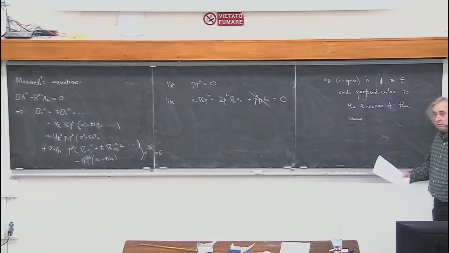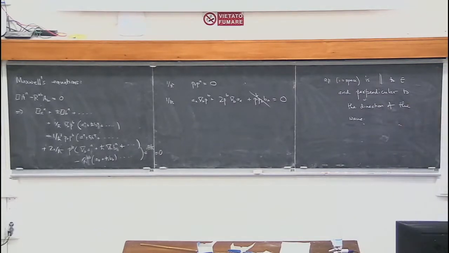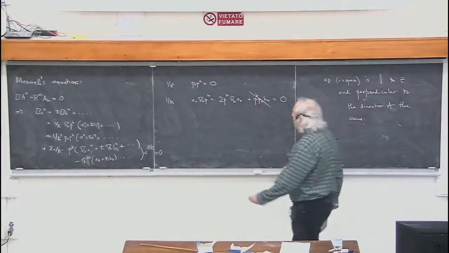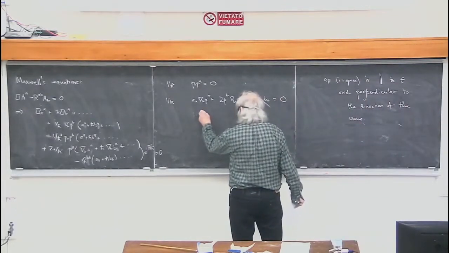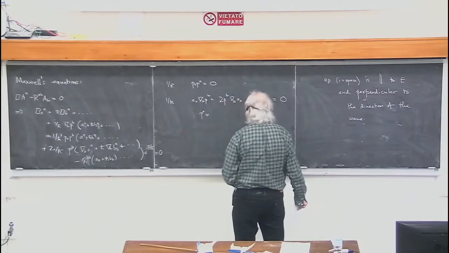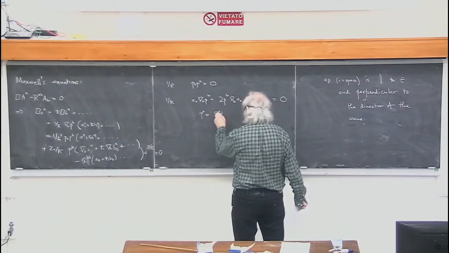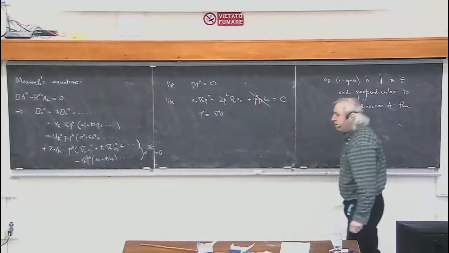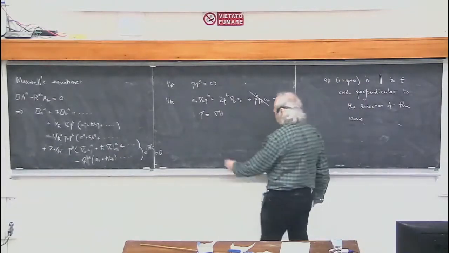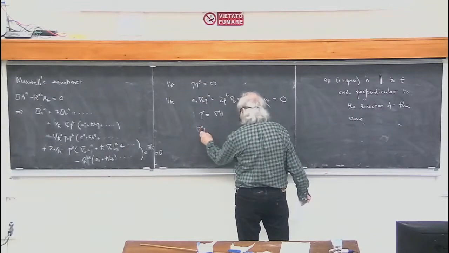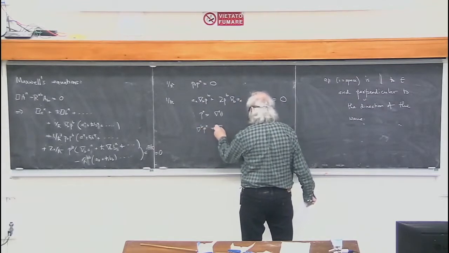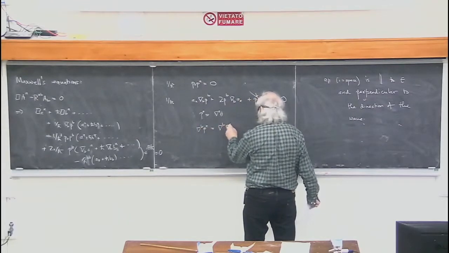There's something nice that you can do to this equation. Let's look at the definition of P. P_A is equal to ∇_A of θ. So that tells you that ∇_B of P_A is the same thing as ∇_B ∇_A of θ.